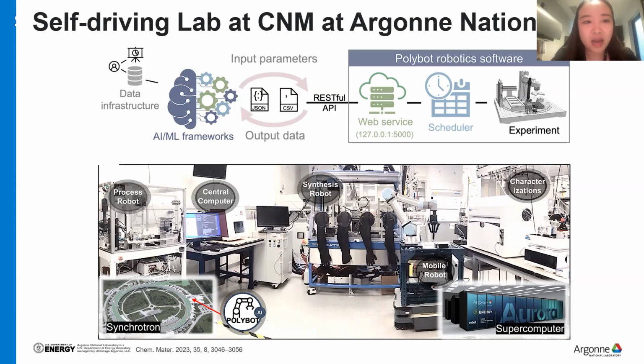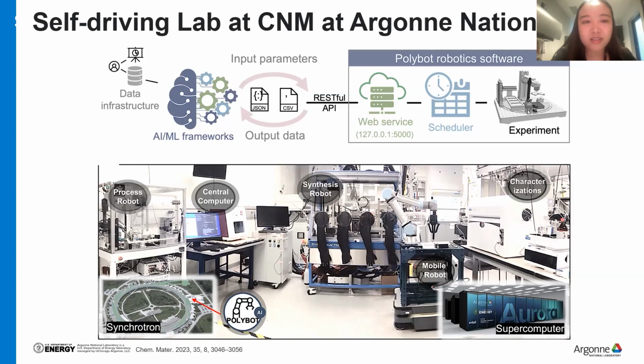Furthermore, in collaboration with scientists from the data science division at Argonne, we have developed a web application that facilitates the integration of different platforms across different facilities, such as our APS, Advanced Photon Source, and also our supercomputer at Argonne National Lab. This allows us to gain in-depth characterization. It also allows us to do more complicated computational work. So this is where we are.